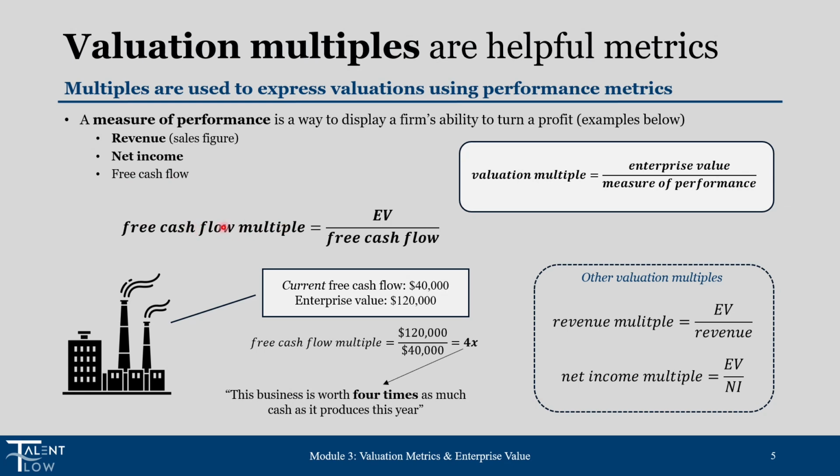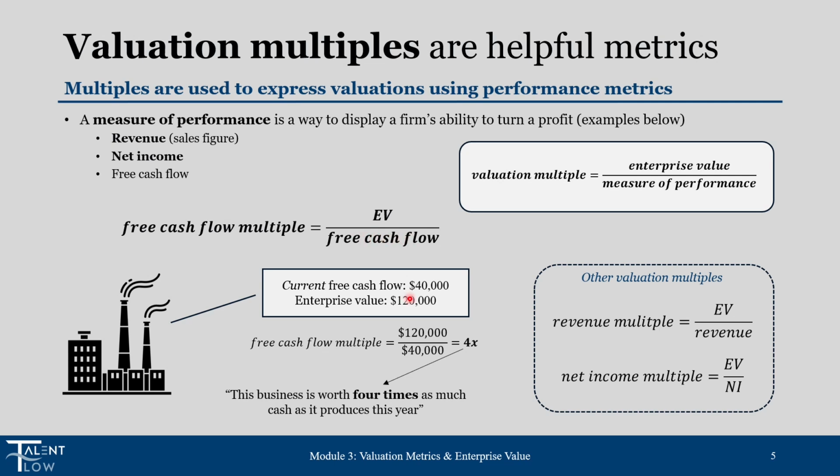To find the free cash flow multiple, we take a company's enterprise value and divide it by an annual free cash flow generated by the company. Notice that unlike the previous slides, we are not adding up future free cash flows, but instead use an annual figure, which covers the amount of cash we generate in a single year.